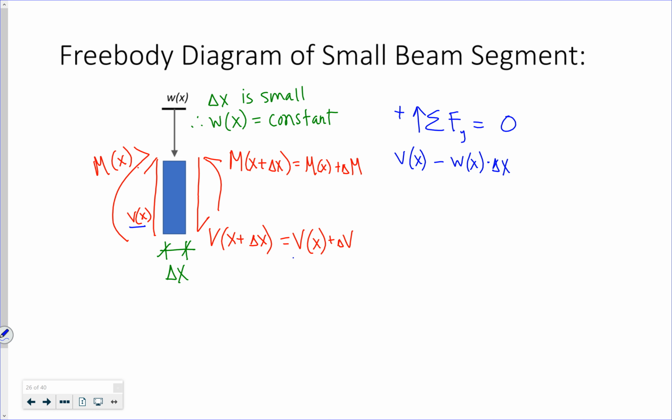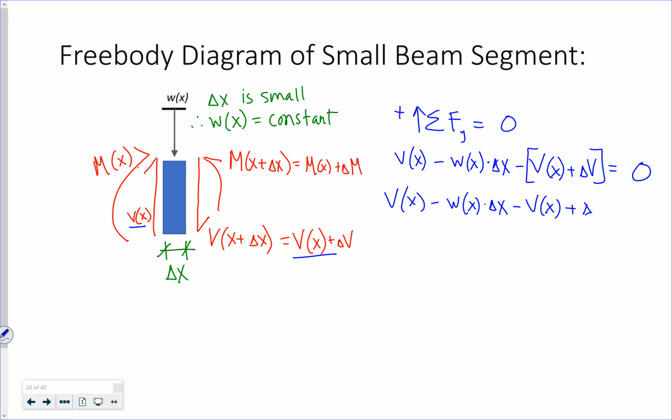And I have my V of x plus delta V equals 0. So simplify that out. I have V of x minus W of x times delta x minus V of x minus delta V.